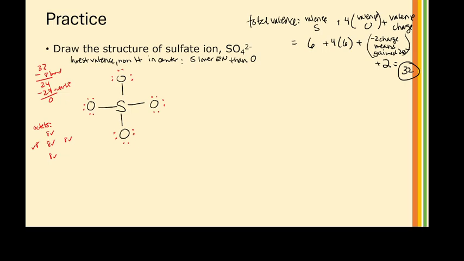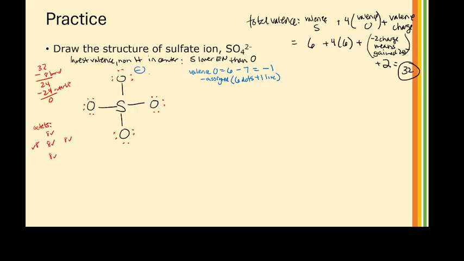If I were to do formal charges, note that in each case, the valence of O equals 6 minus assigned. All 3 of these have 6 dots plus 1 line. So 6 minus 7 equals -1.